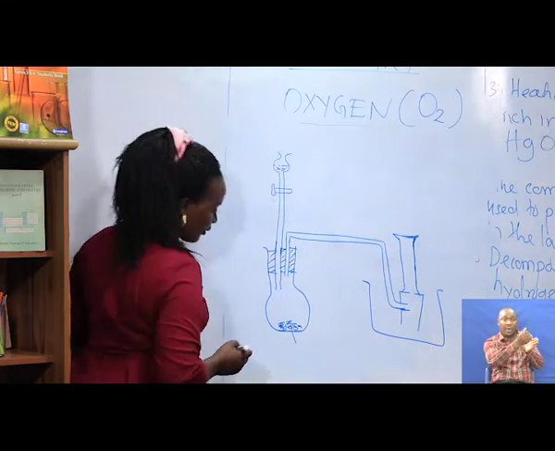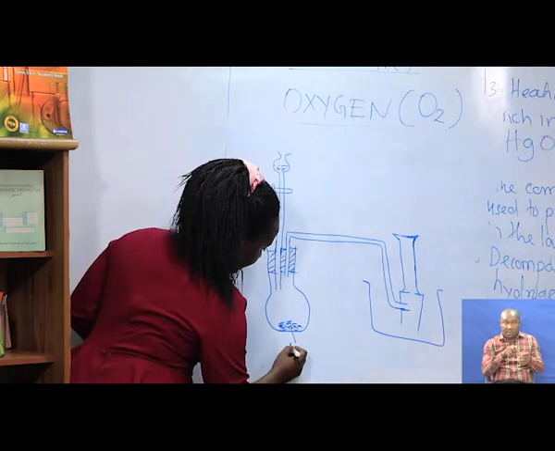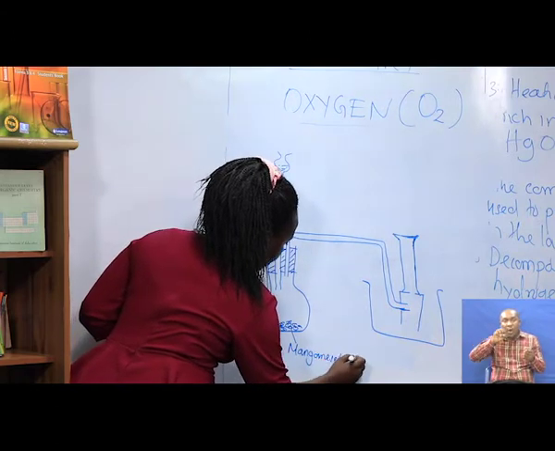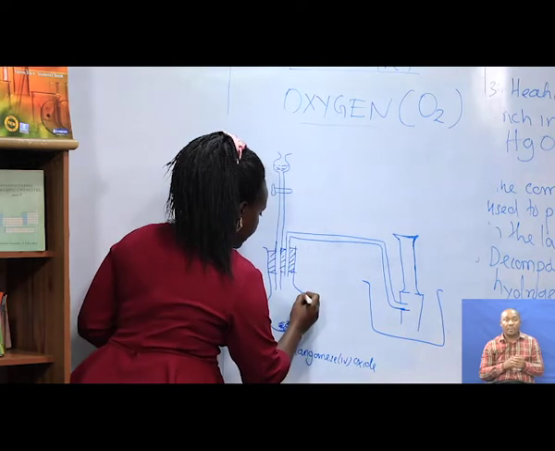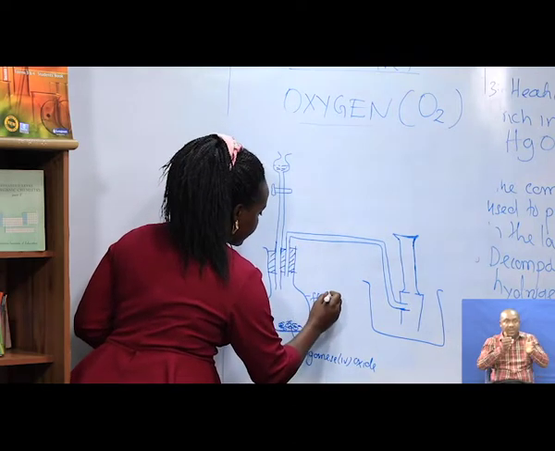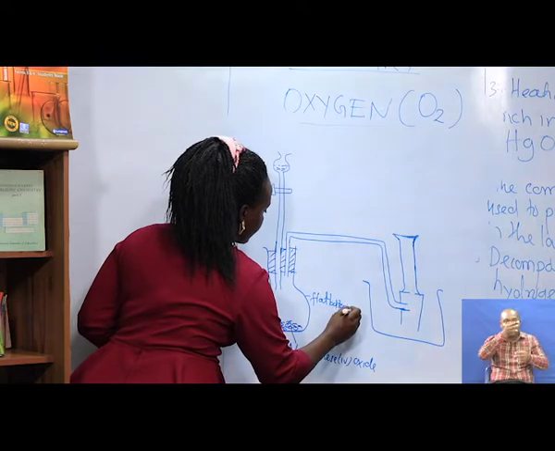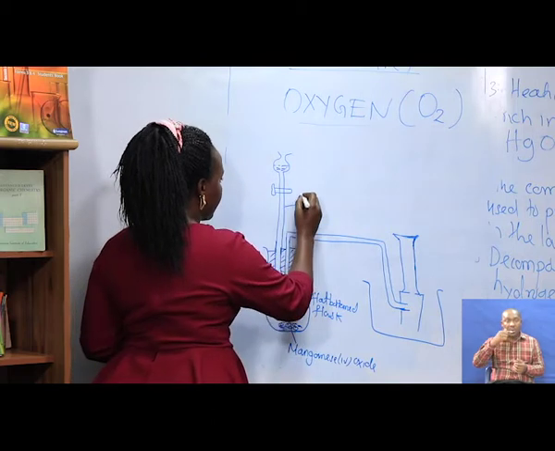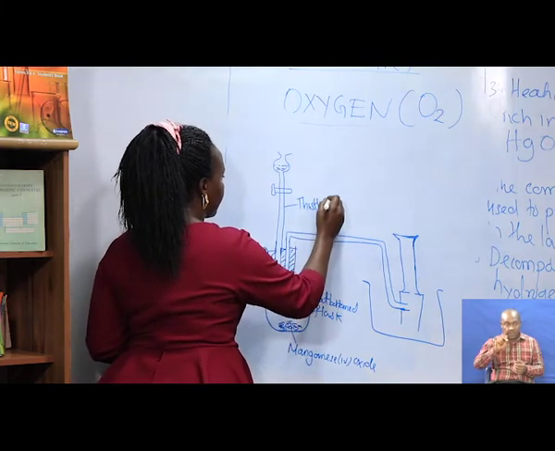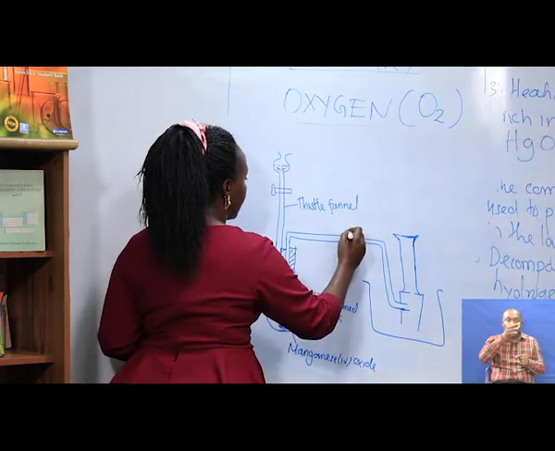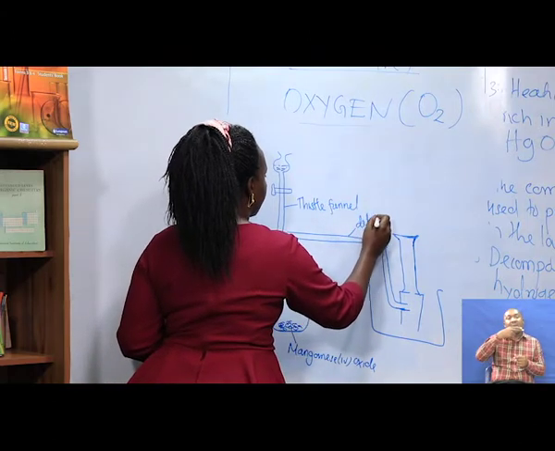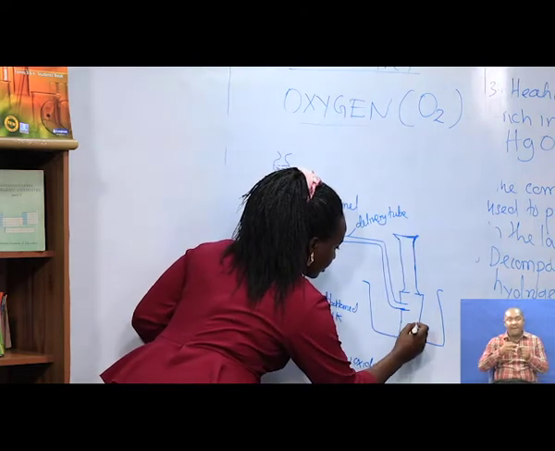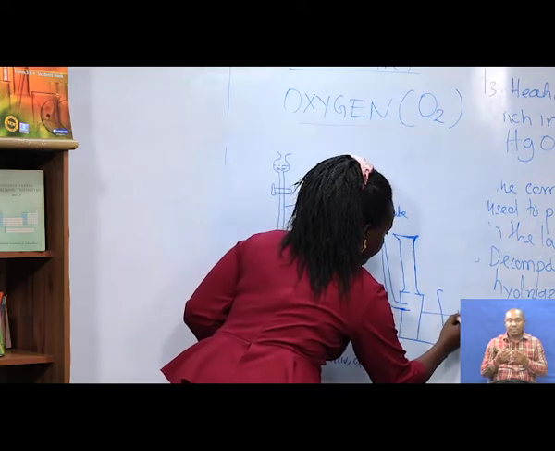So inside the flat-bottomed flask, there is manganese(IV) oxide. And this is the flat-bottomed flask. This is called the thistle funnel. This is called the delivery tube. This is called the beehive shelf.